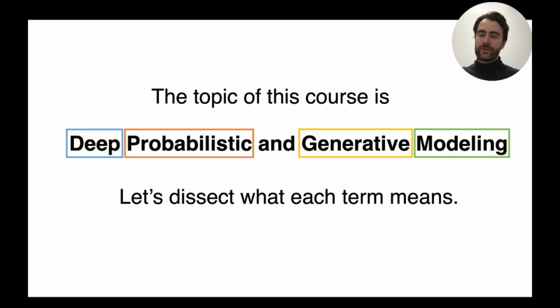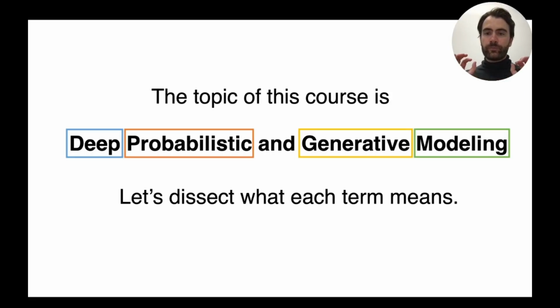Now I want to spend the rest of the lecture on the core topics of this course, and I would like to start by spending the next 15 to 20 minutes describing what exactly is the topic of the course, what are deep probabilistic and generative models.